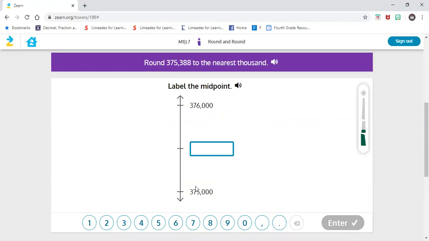So we have to find the midpoint between 375,000 and 376,000. So my thousands from my bottom number stays the same, and I add 500 because that is the midpoint between these two numbers, and midpoint just means the half point.